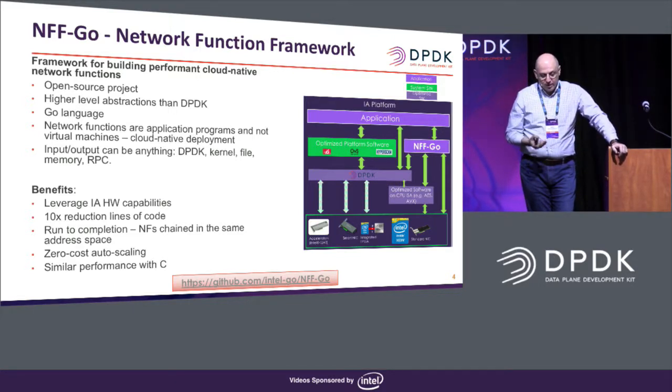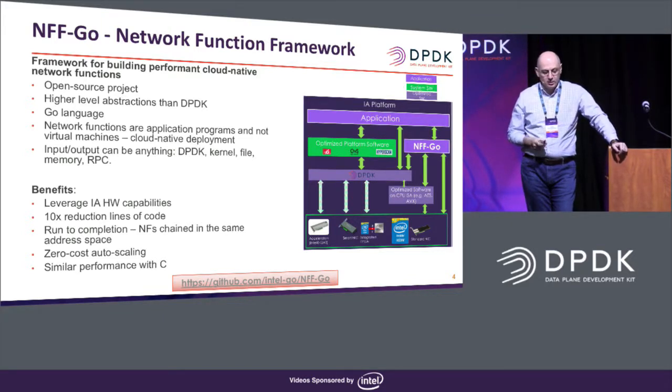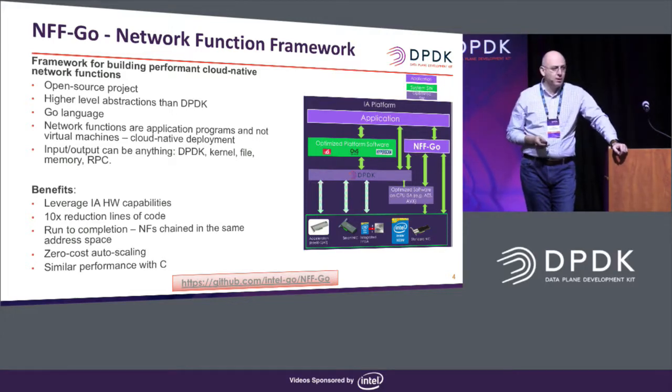We provide run to completion of network functions in the same address space. We mandate that it's better to be done in the same address space, and we do this run to completion. We have a built-in scheduler which does scaling, so scaling is done automatically at zero cost for the developer. And due to a carefully designed architecture, we provide similar performance to C out of the box.